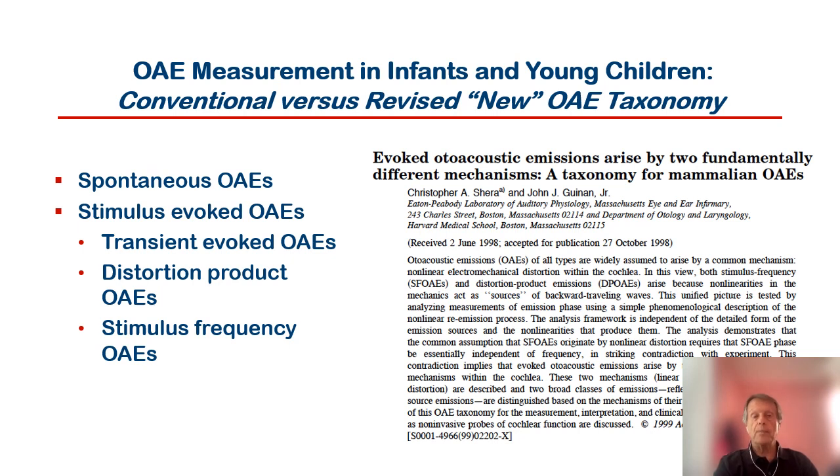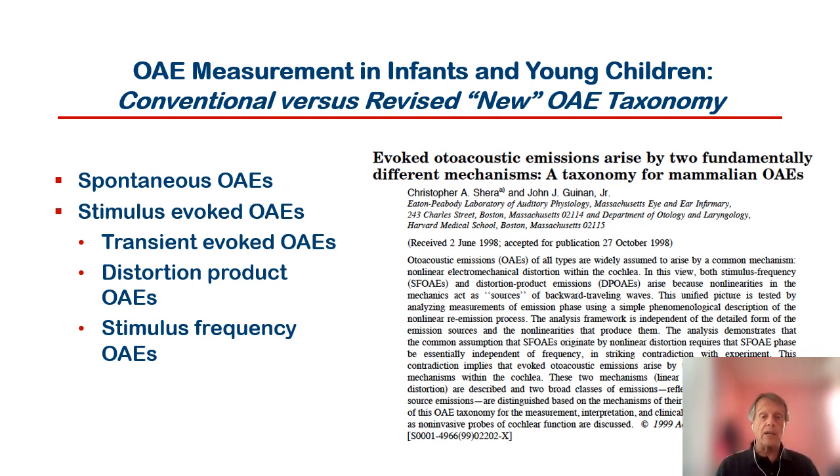And within the stimulus-evoked category, you mostly had transients and distortion products. So the implication here was that all of the stimulus-evoked OAEs were quite similar, or just needed a stimulus to actually record them, and the spontaneous OAEs were different. Well, it turns out that this very simple scheme really wasn't evidence-based. It was just a convenient way of categorizing OAEs based on whether there was a stimulus or not.